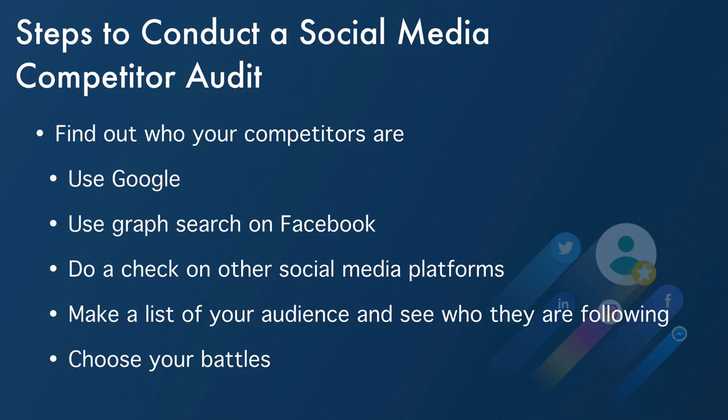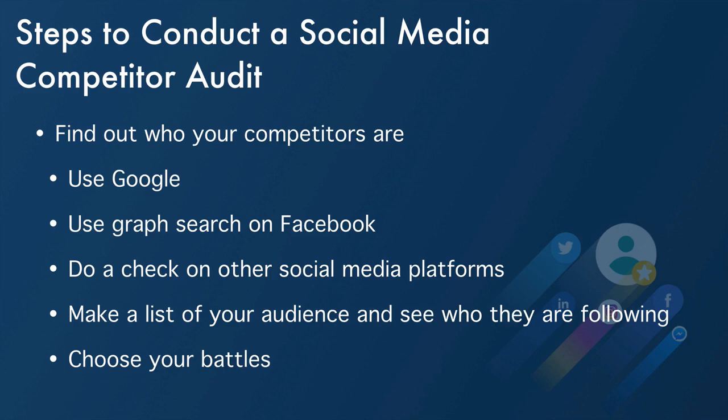If they have done a pretty decent job, at least they'll have a decent following on Facebook, Twitter, LinkedIn, and Instagram, or might not be on all of these. Again, completely depending on your industry. They might be predominant on one single platform. Whatever might be the case, pick competitors which are doing a better job than you are right now, so that your benchmark is always set high and you have a target to always achieve.